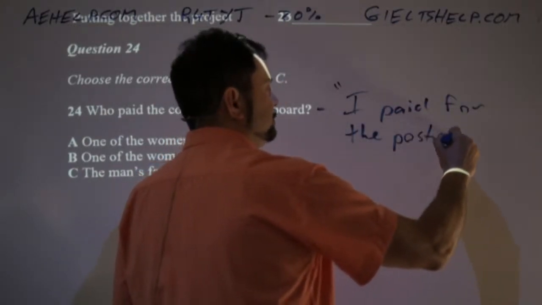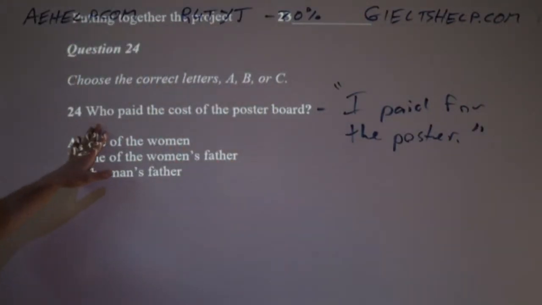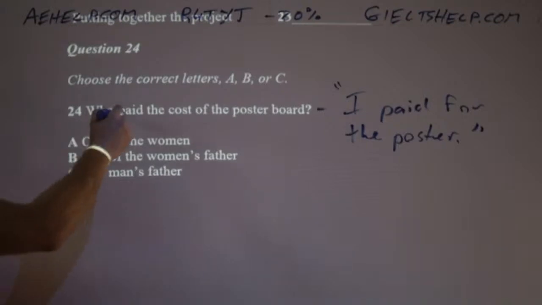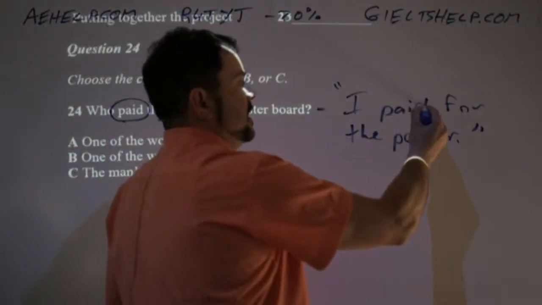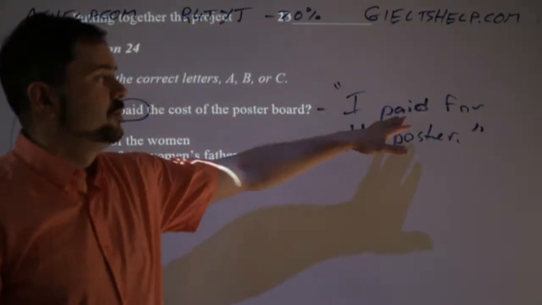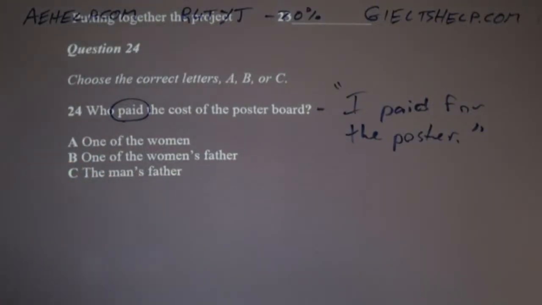Now, in this type of multiple choice question, it's very likely that they're going to paraphrase the word paid. So when you're listening for this, you're probably not even going to hear the word paid. What do you think you might hear instead of paid? Okay.